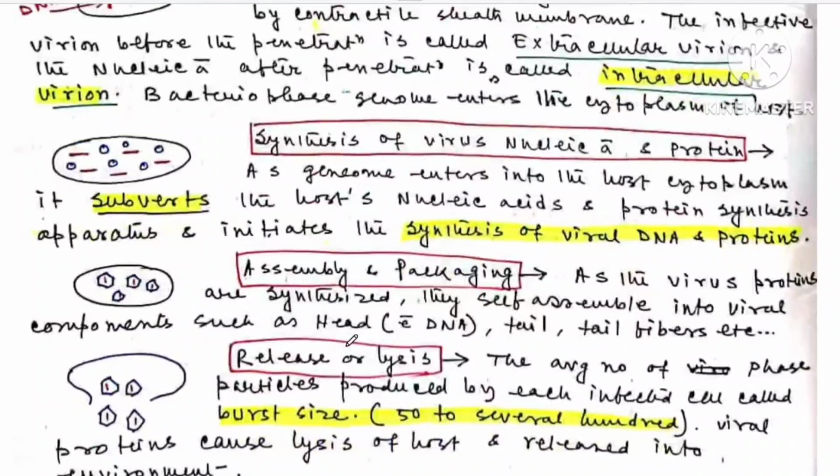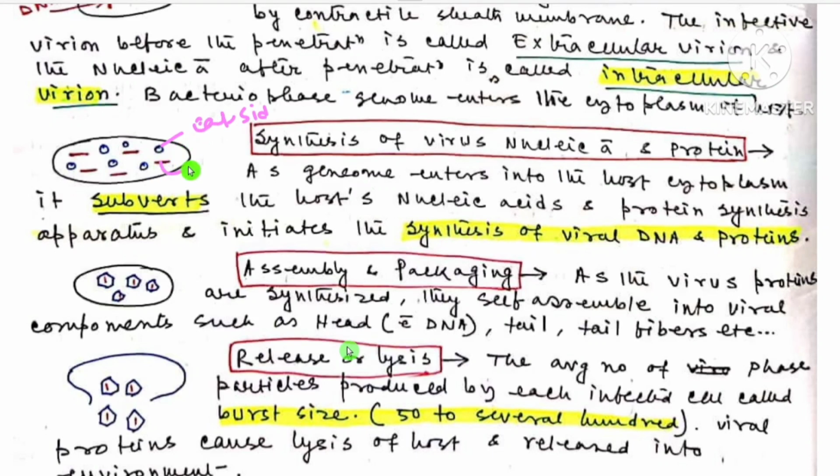Next is synthesis of virus nucleic acid and protein. When the bacteriophage penetrates its genetic material inside the host cell, it hijacks the host cell protein synthesis machinery, and after then they synthesize their own viral protein. The bacterial protein will not be synthesized, the viral protein will be synthesized, such as the capsid, and also the DNA will be replicated inside the host cell.